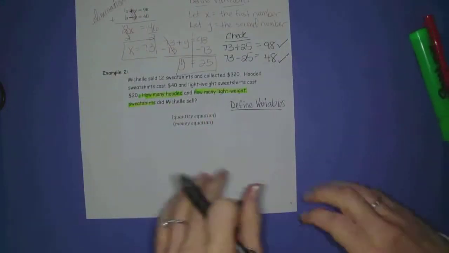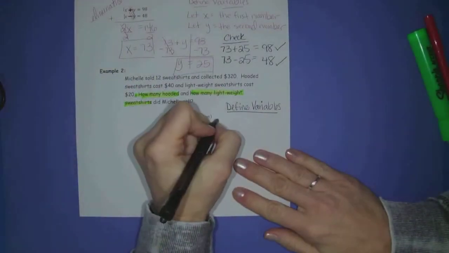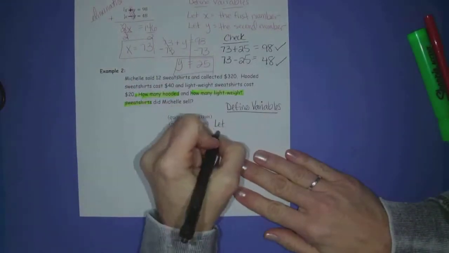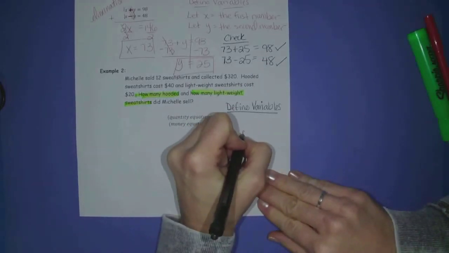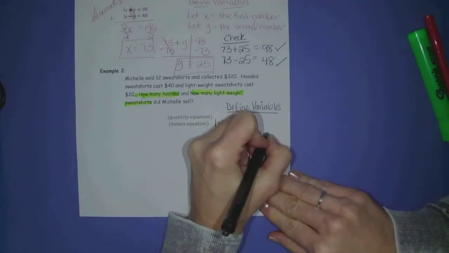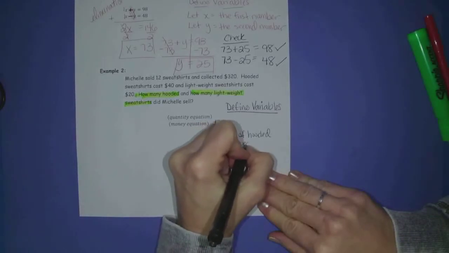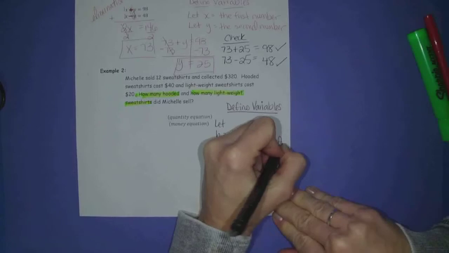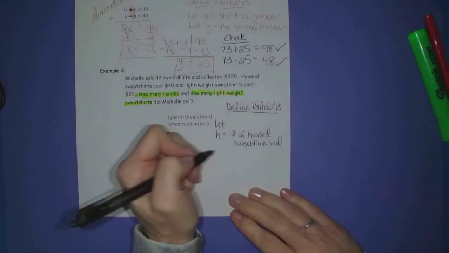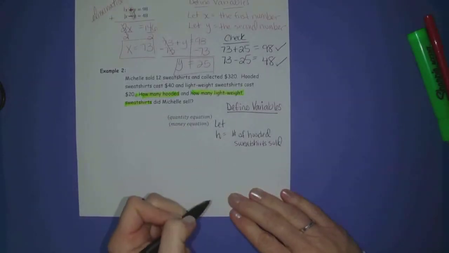So let's let H equal the number of hooded sweatshirts sold. I like to use variables that make sense, H for hooded.